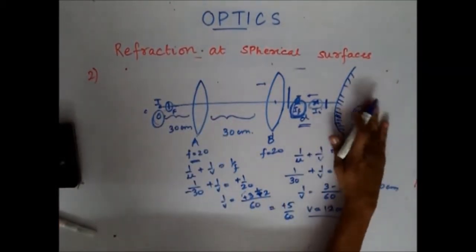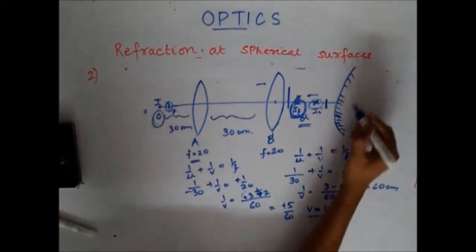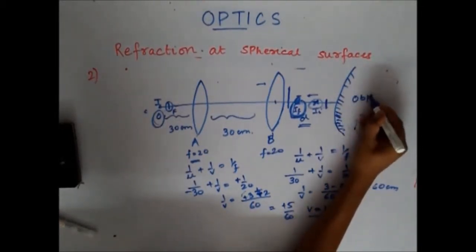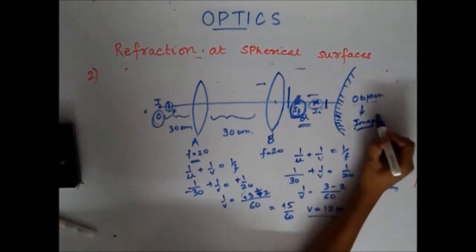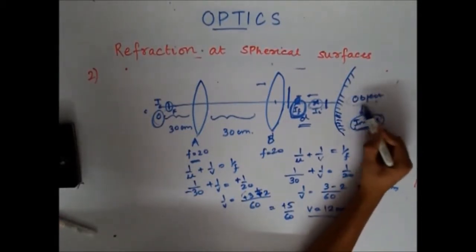Because using the principle of reversibility, I know that for every position of the image, there is one position of the object. The object position and the image position are correlated for a particular reflection or refraction.